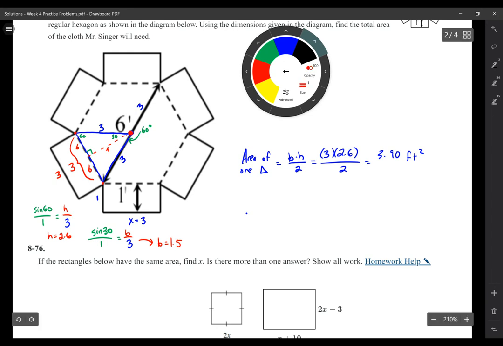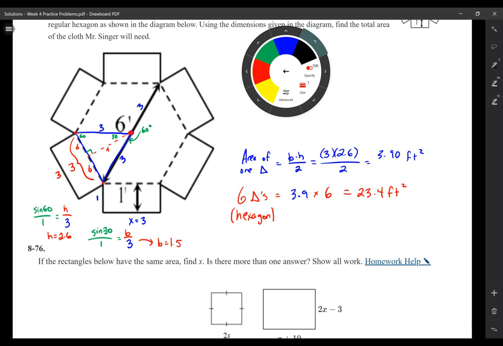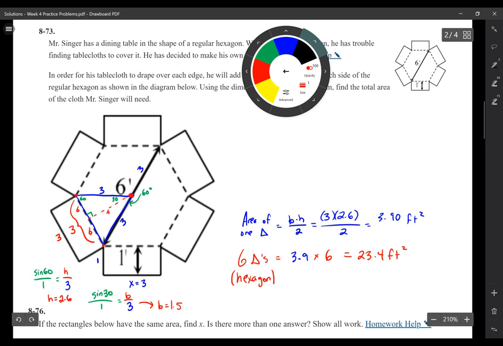For 6 triangles, we're going to have to take that 3.9 and multiply it by 6. And that means that the area of our hexagon is equal to 23.4 feet squared.